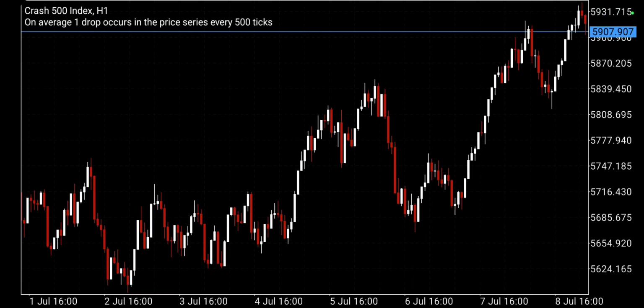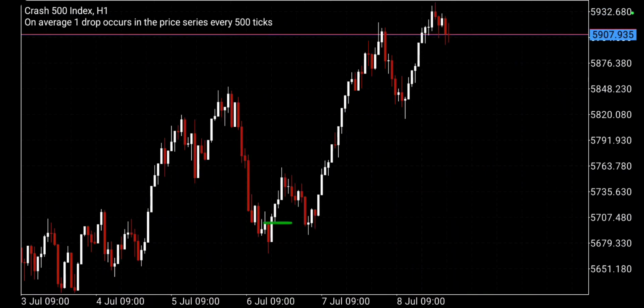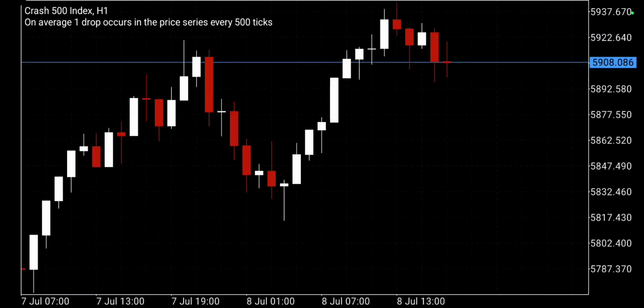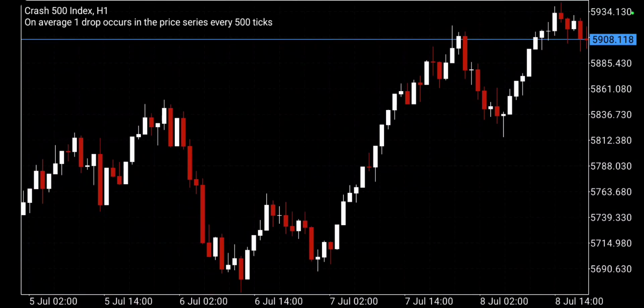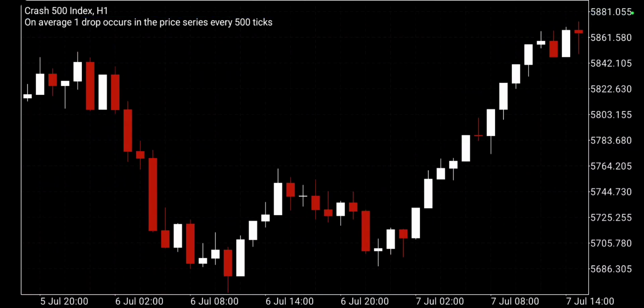Now look what the price did. This was the level that we're talking about. So after breaking all of those structures, it came back, and then you can go with the buy limit as usual, or you can wait for another confirmation. Sometimes when you're waiting for too many confirmations, you end up losing the trades. But sometimes you wait for confirmation, you don't get it, the level gets broken, and you don't lose anything.